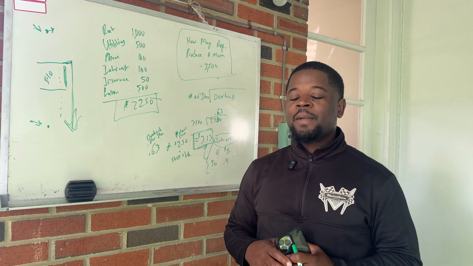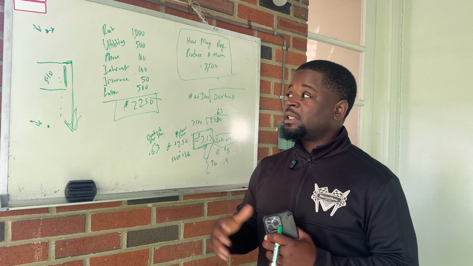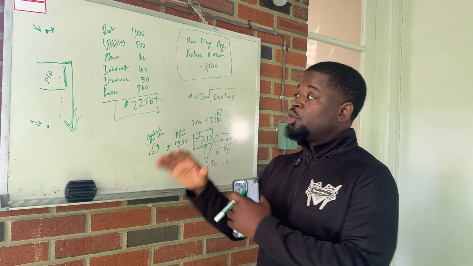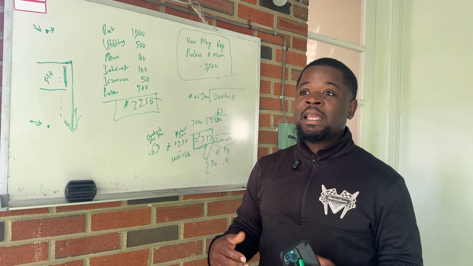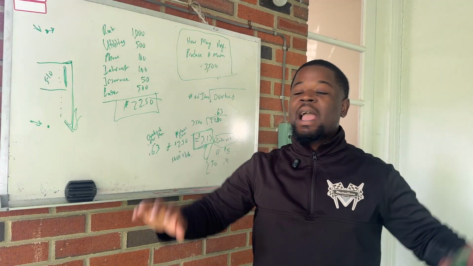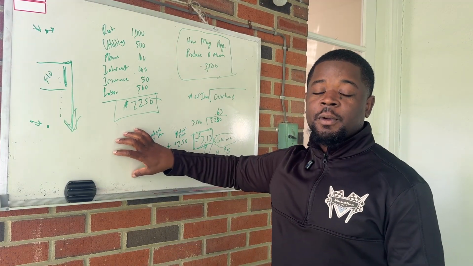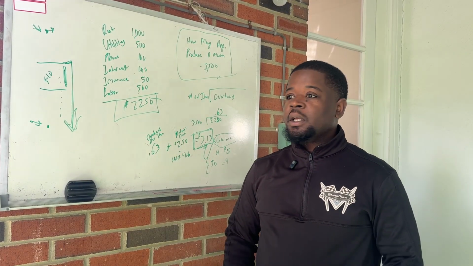But it's important that you get confident in knowing your numbers. And the way that you build confidence is by doing the work that goes into putting the numbers on paper, getting a full understanding. And you don't have to understand the entire number calculation. This is all I need to know right here. I know it's going to cost me $3.13 to produce an item. That's all I need to know.